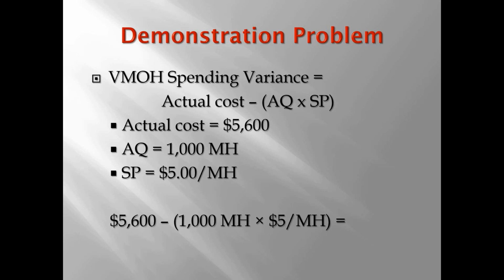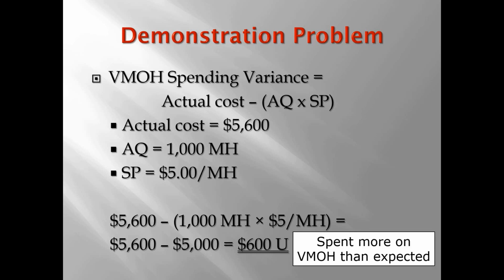So we can put that into the formula, and it tells us that the actual cost for variable manufacturing overhead was $600 greater than what it would have been if we had spent $5 per machine hour for the 1,000 machine hours that we actually used.